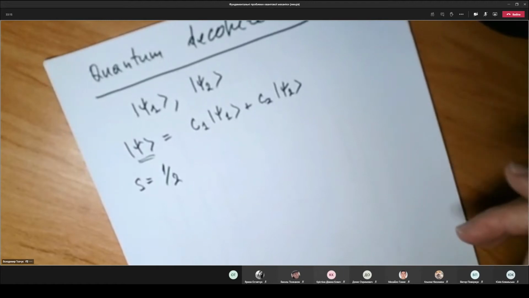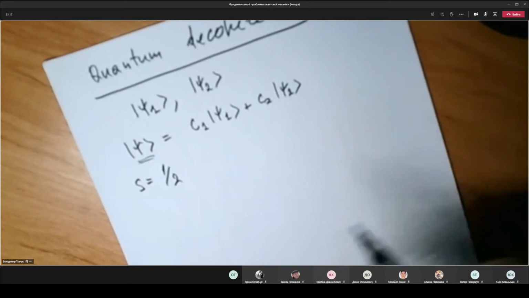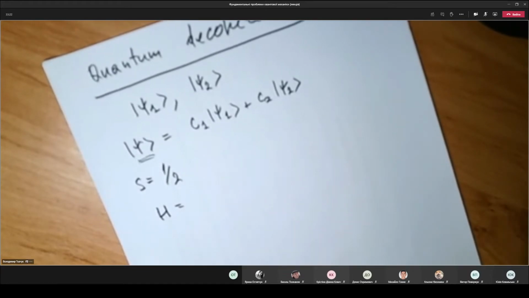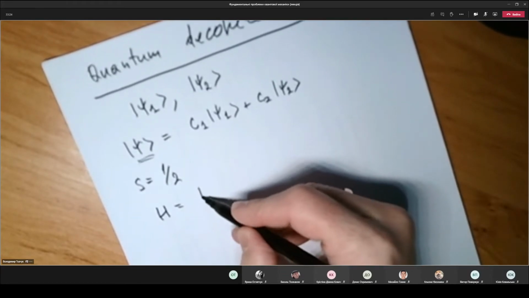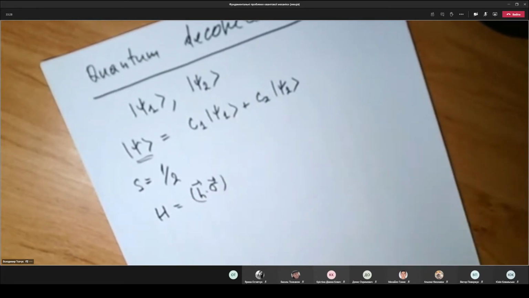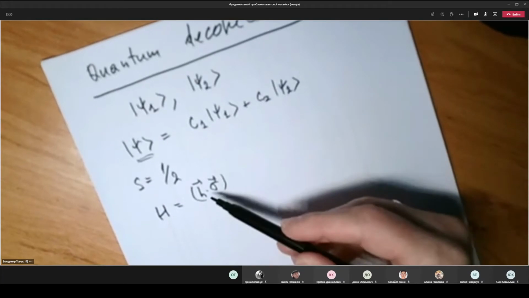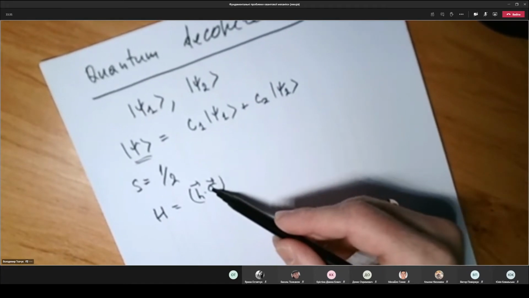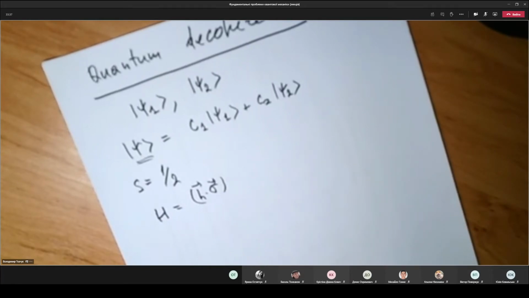And the Hamiltonian in a magnetic field, in general, is the scalar product of the magnetic field with spin. We write it in this way, and here the dimension of H is energy and sigma is the Pauli matrices.